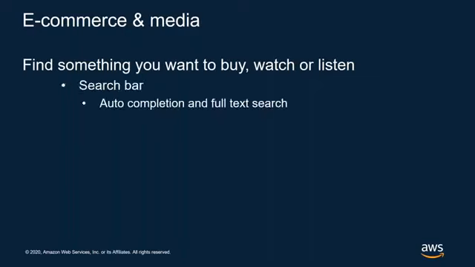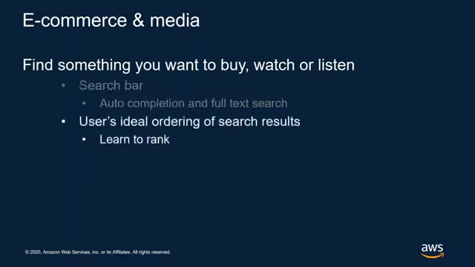What you have is a search bar, and this gives you auto completion and full text search. So there are suggestion APIs with Elasticsearch, and more specifically the Amazon Elasticsearch service, that can help you build navigation into a search bar that presents a series of suggestions or strings that can help you find details that you're looking for.